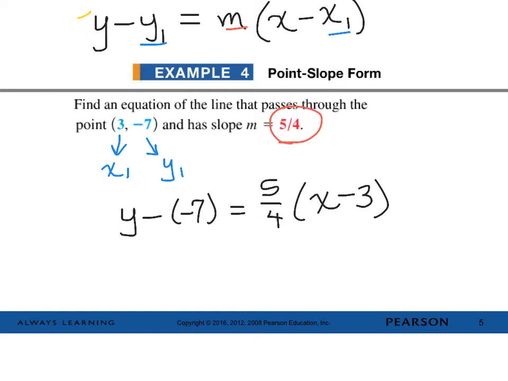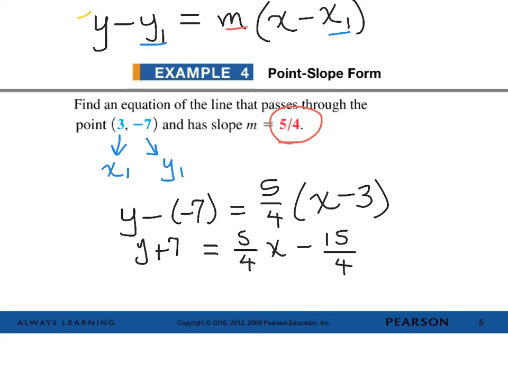And then we remove parentheses and simplify. So y minus a negative 7 is y plus 7 is equal to 5/4 times x is 5/4 x, and 5/4 times negative 3 is negative 5 times 3 is 15 over 4.